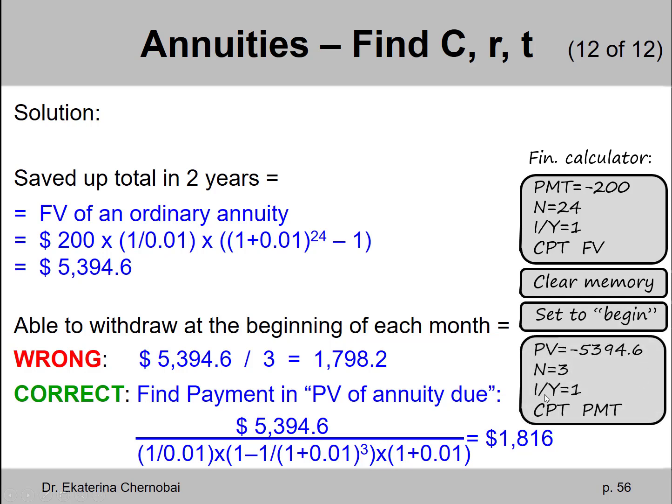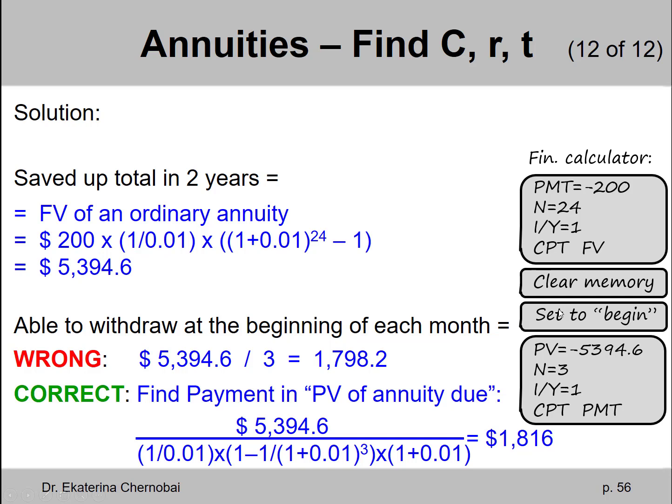The important thing in the financial calculator is you need to set it to the begin mode. You need to clear it first and set it to the begin mode. The reason you need to clear it is because there will no longer be any additional deposits made during the 3 months after the last deposit is done.